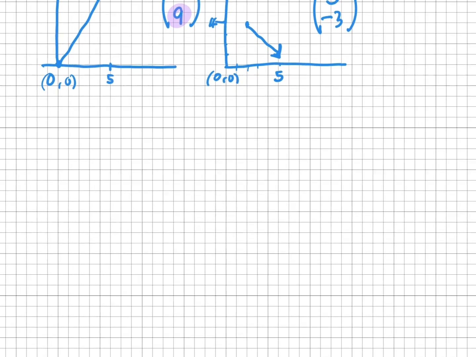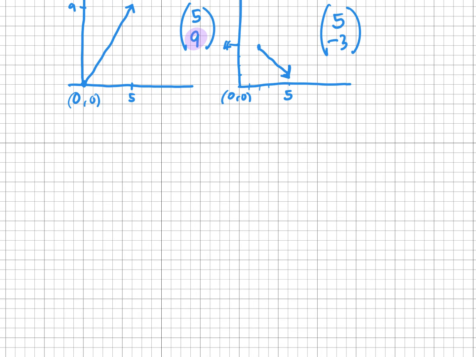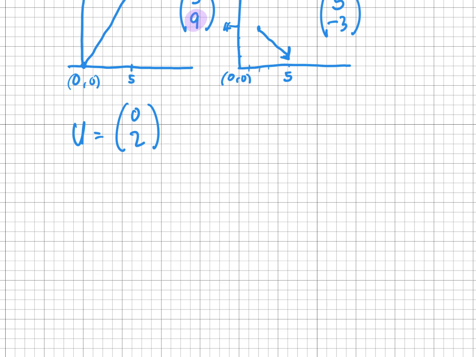Say for example, let's now reverse. You are given, let's say, a vector u equal to 0 and 2. Now from this vector, let's get a point from here. That's going to be there.